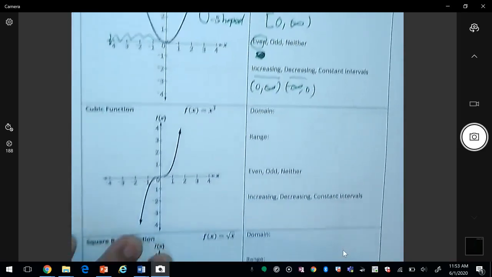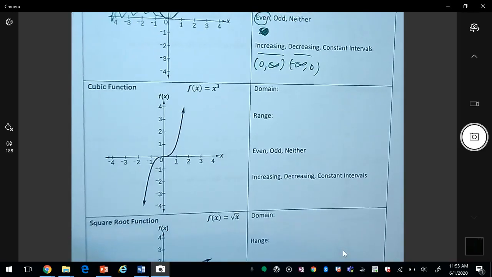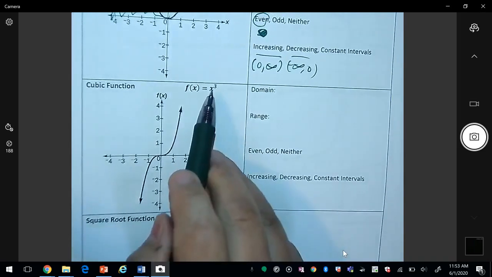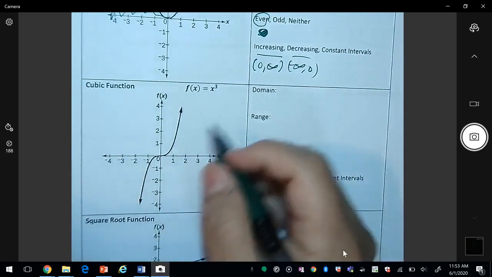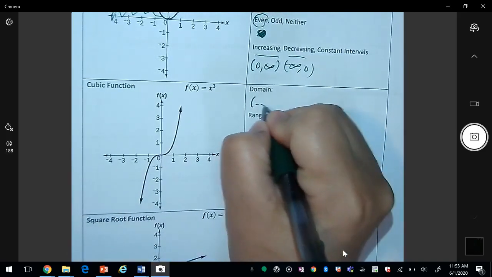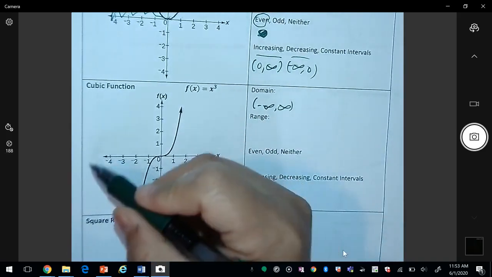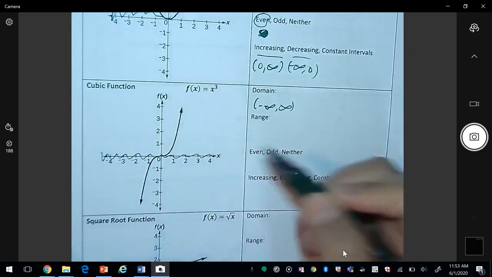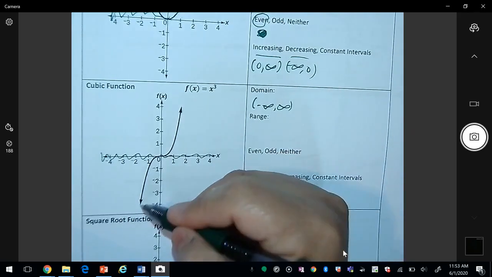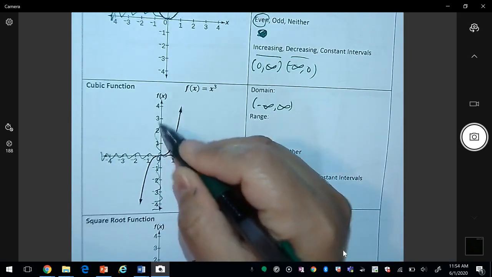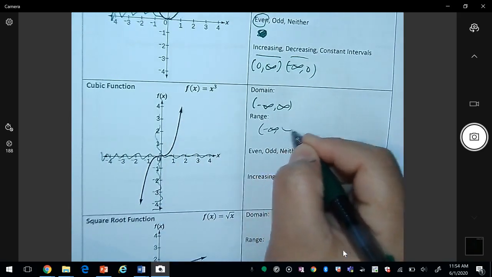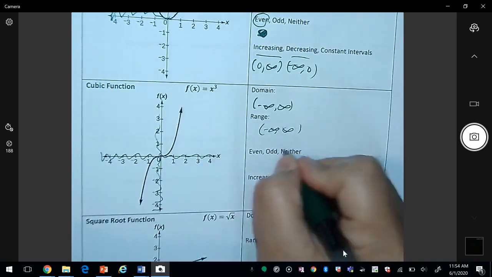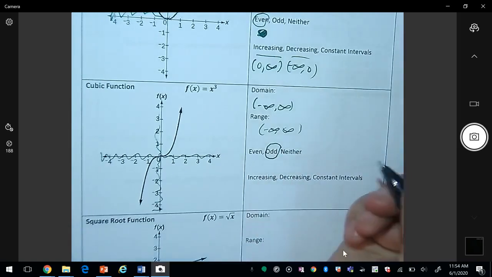The next one's called the cubic function, and it's going to be cubic if the highest exponent is a 3. The domain goes from negative infinity to positive infinity, since I'm using all the x values here. And the range goes from negative infinity to positive infinity. This has symmetry on the origin, so we say that the function is odd.